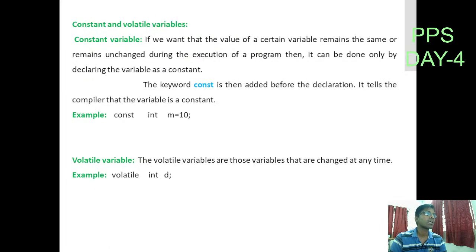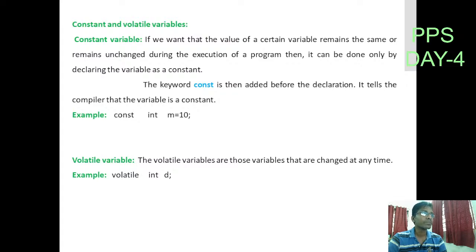Now coming to constant and volatile variables. What is a constant variable and what is a volatile variable? Constant, for example, is the pi value 3.14. That is a constant value. Like that, we have different types of constant values in mathematics.